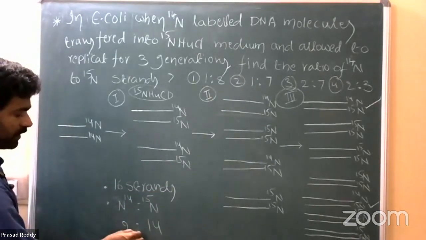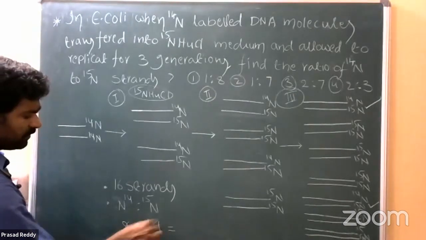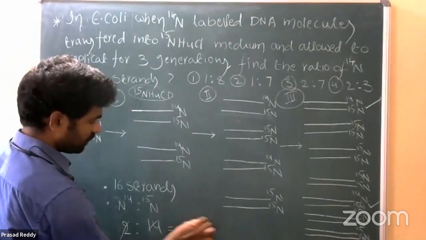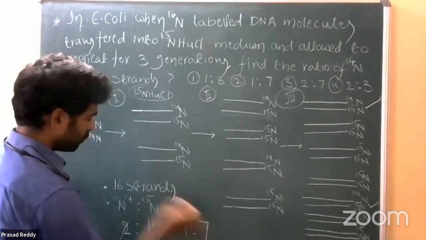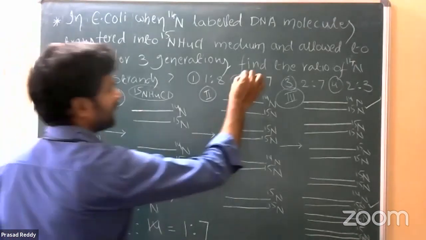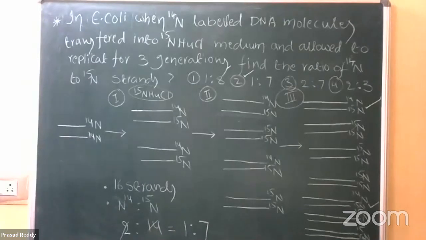So 2 is to 14, which is equal to 1 is to 7, since 2 sevens are 14. So what is the ratio of N14 and N15 strands here? 1 is to 7. So which option is correct? The second option is correct.